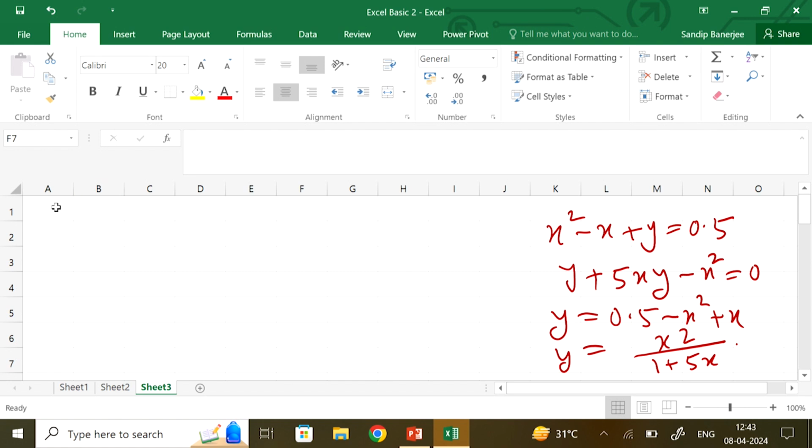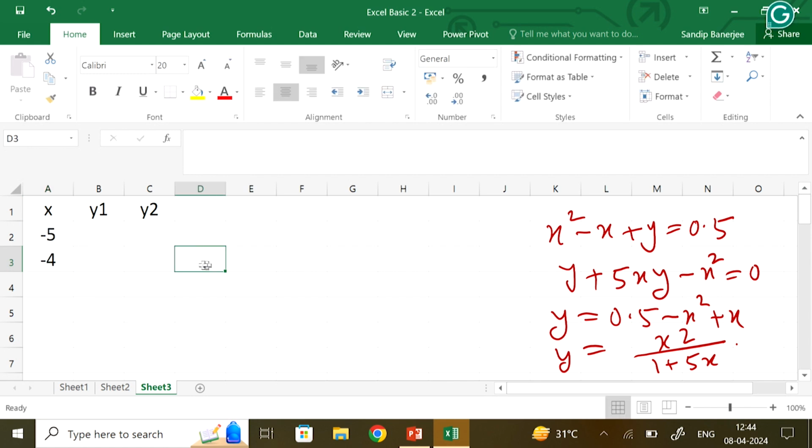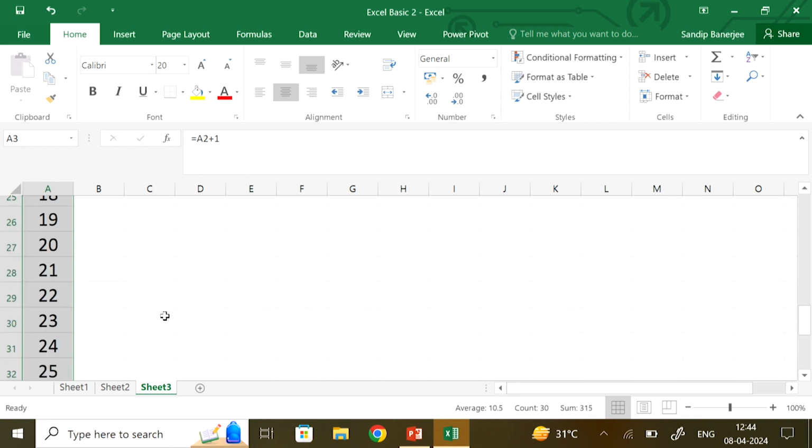So, I have my x values, I have my y1 and I have my y2. Say I put minus 5 and the next value is this, I give an increment of 1 and I drag to few of them, say 25.